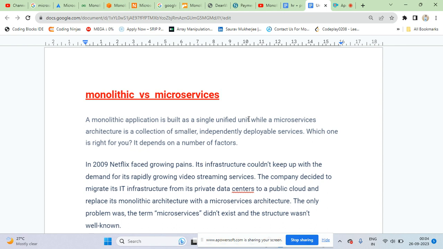While microservice architecture is a collection of smaller, independent, deployable services. Now, if you remove the word deployable, you can see that as a React app where you have JavaScript in separate folders. There is a module for each component.